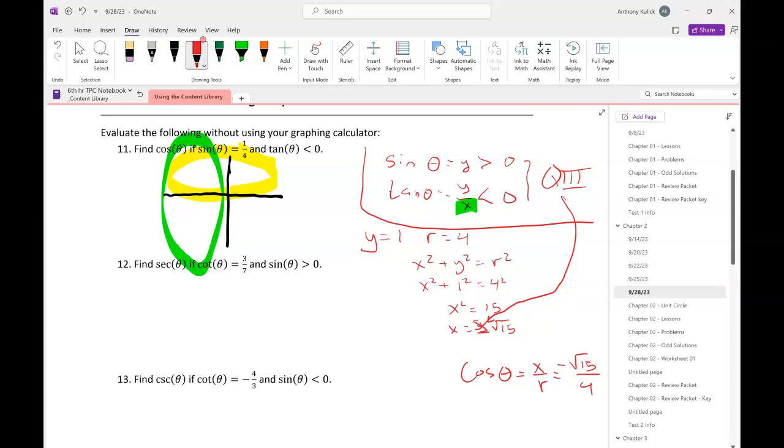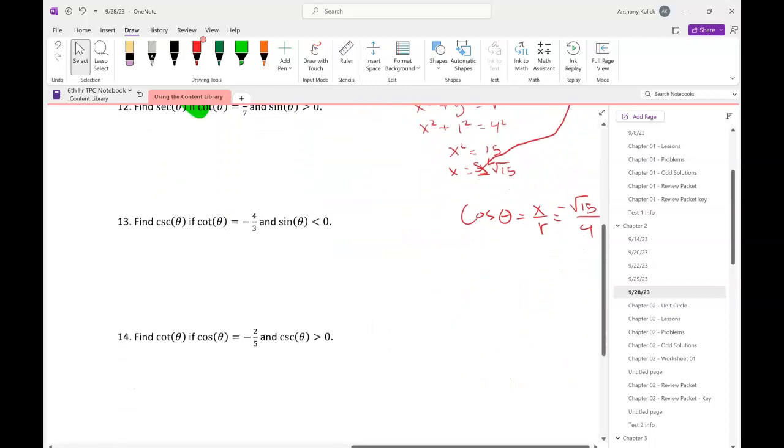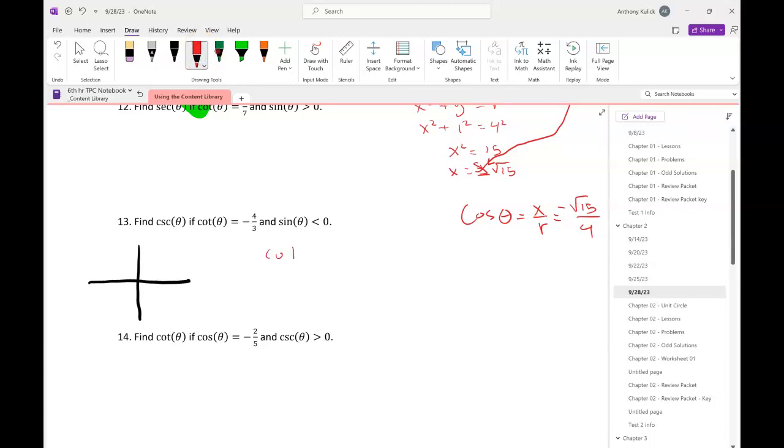Okay. Any preference? I should do 13. Great. So again, I'm going to start the same way and draw myself a little picture. I know that cotangent theta is x over y, and I know that's negative. So either x is negative or y is negative, but I don't know which one. So let's look at what else we know. We know sine theta, which is y, is negative.